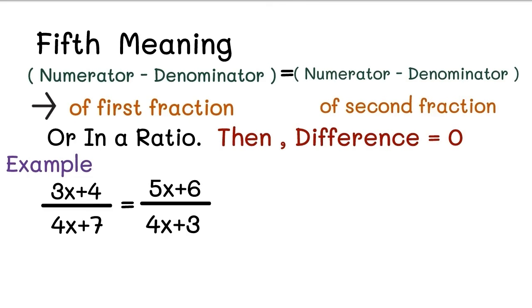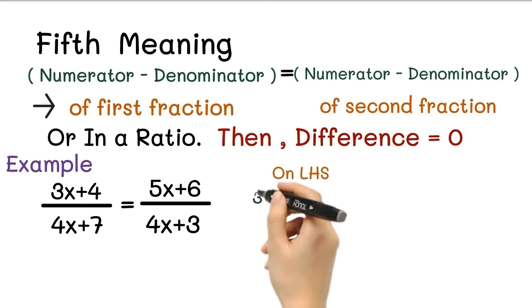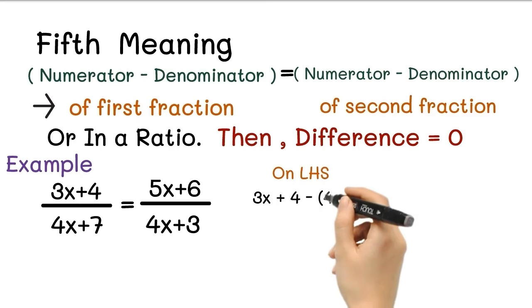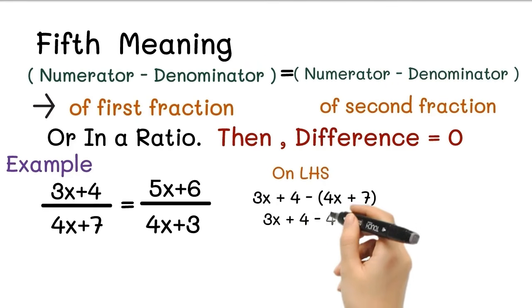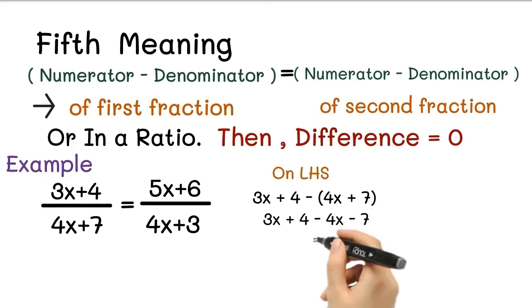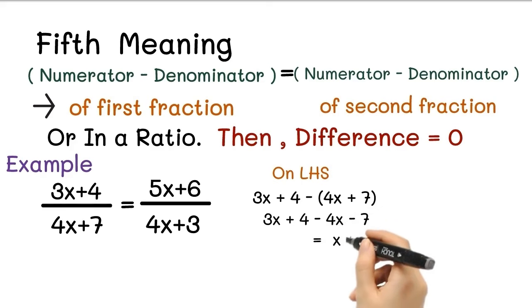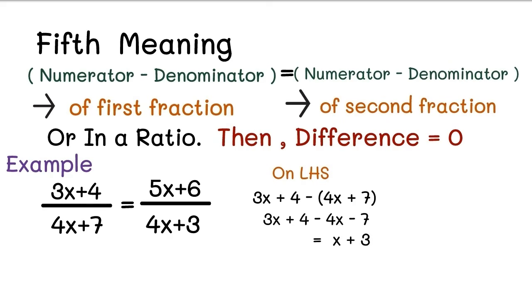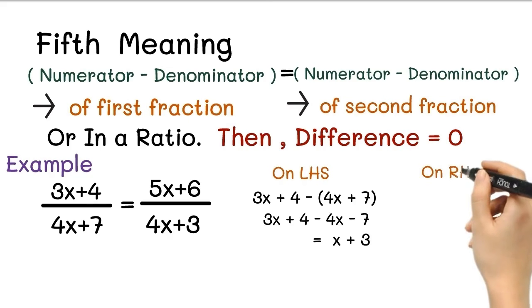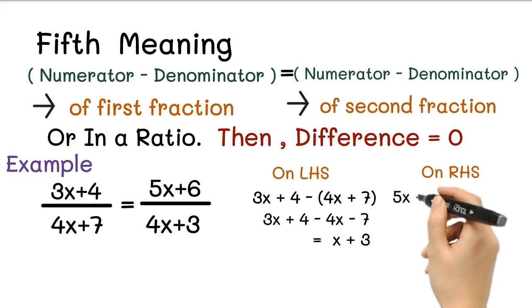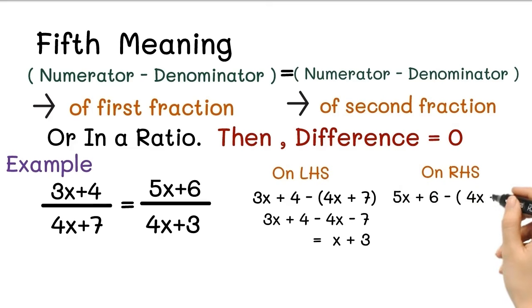Now, let us take difference of numerator and denominator of first fraction on LHS. So the difference is 3x plus 4 minus 4x plus 7. Let's open the bracket. 3x plus 4 minus 4x minus 7. By subtracting like terms, we'll get the difference x plus 3. Now, let us take difference of numerator and denominator of the second fraction on RHS. So the difference is 5x plus 6 minus 4x plus 3.